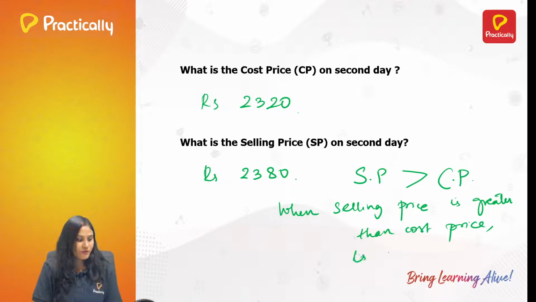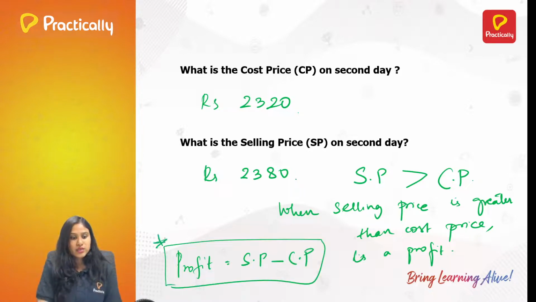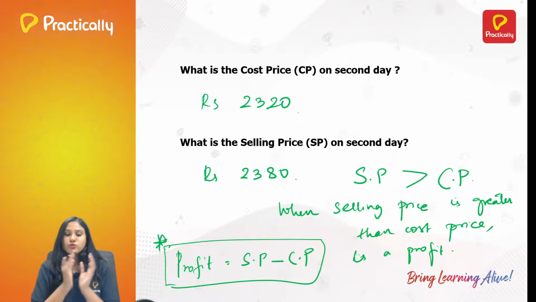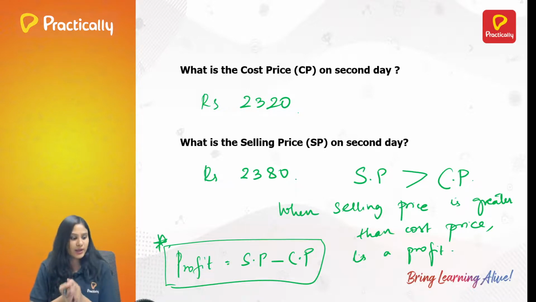It's a profit. So, what is the formula to calculate profit? Profit is equal to SP minus CP. These are two of the most important formulae to remember and apply wherever and whenever required.